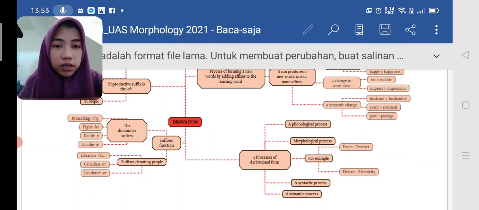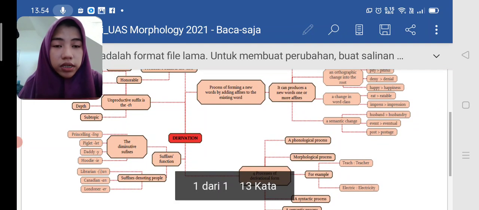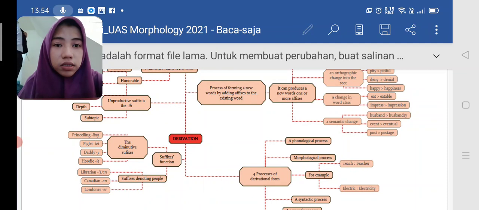And move to suffix function. The suffix function has categories: the diminutive suffixes, and the suffixes denoting people.